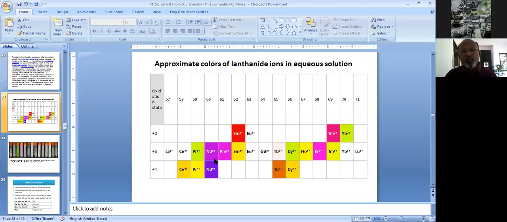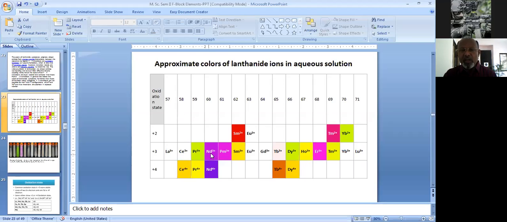Now, if we move further to the highest oxidation state shown by all these elements, it is seen that cerium +3, that is the common oxidation state of cerium or the lanthanides, is colorless, but +4 oxidation state is colored, while praseodymium in lower oxidation state, that is +3 oxidation state, atomic number 59, is yellow in color, while praseodymium in +4 oxidation state is somewhat dark yellow in color.